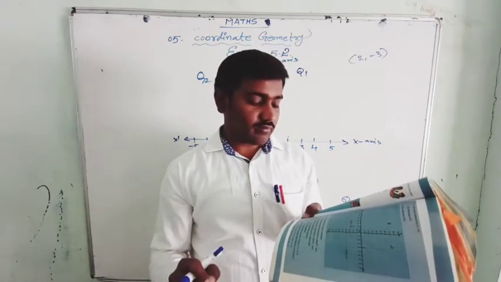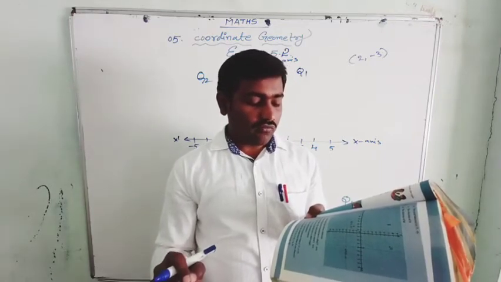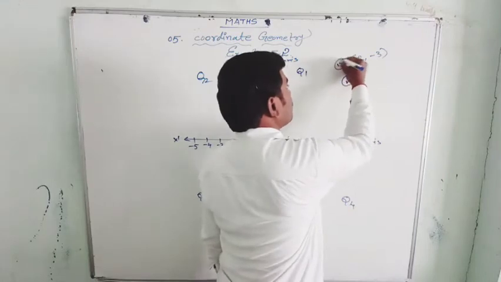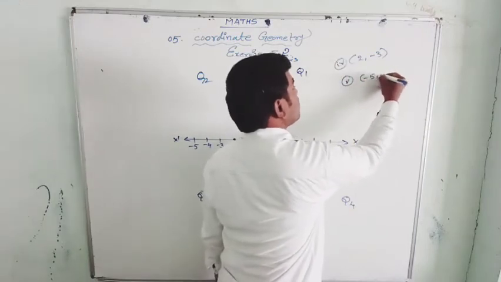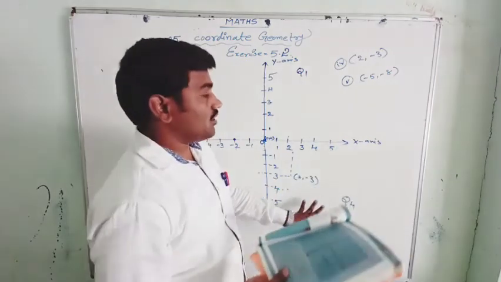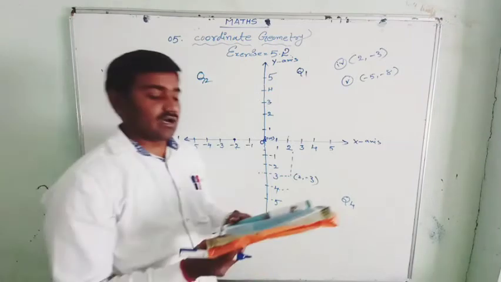Next, the fifth question. Minus 5 comma minus 8 lies in the fourth quadrant. No, minus and minus are both negative, hence it lies in the third quadrant.